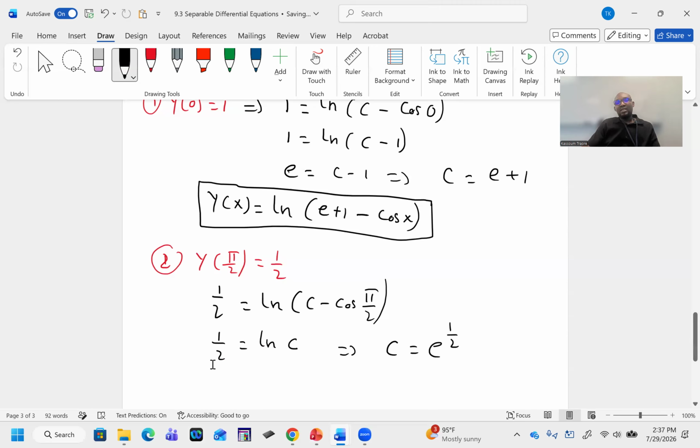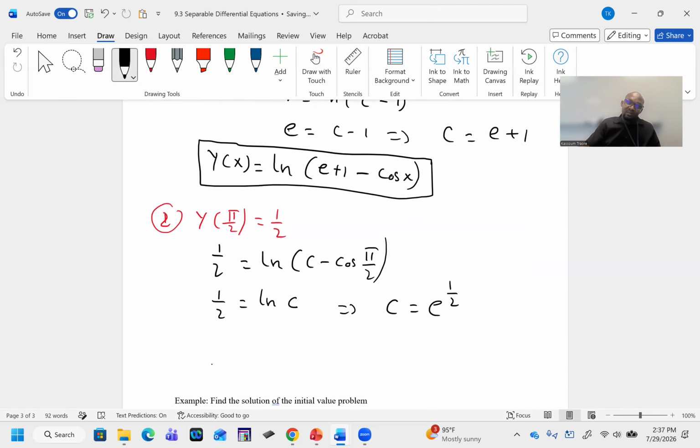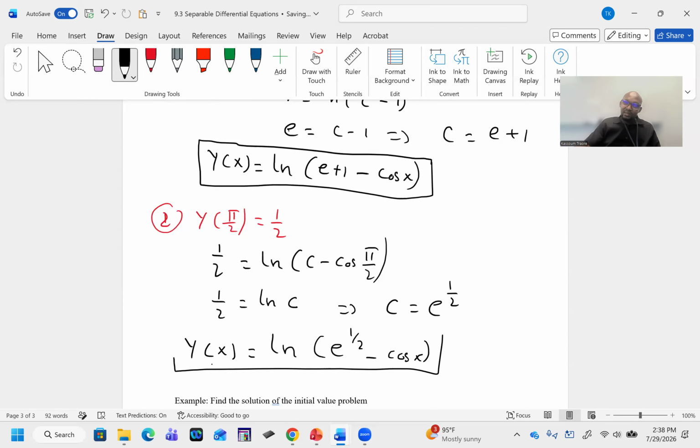So in that case, my y of x will be ln of e to the power of 1/2 minus cosine of x. Right?